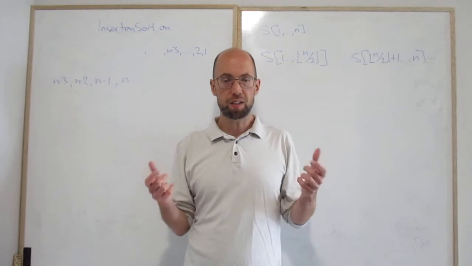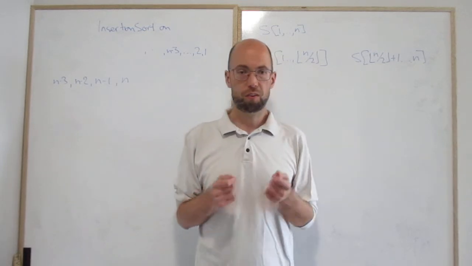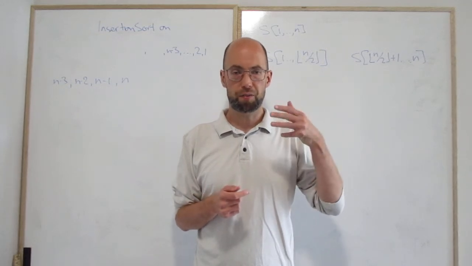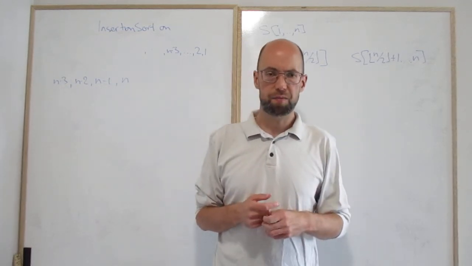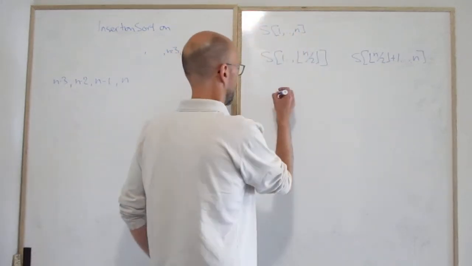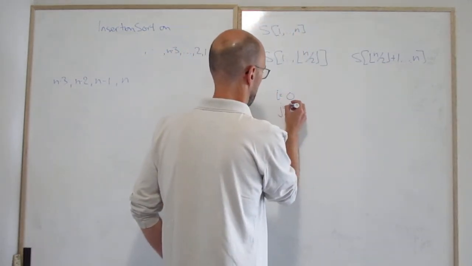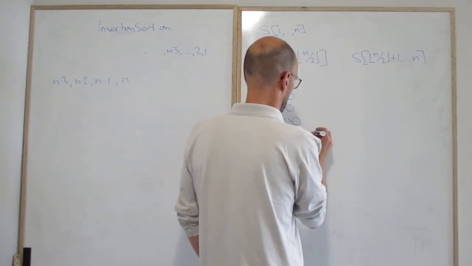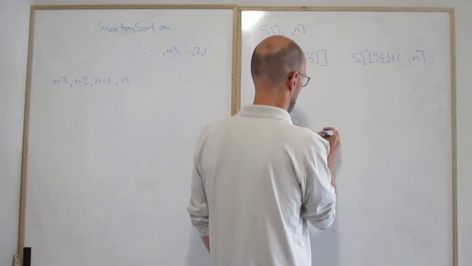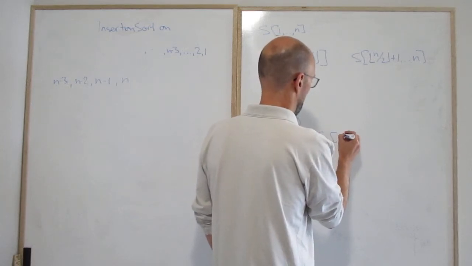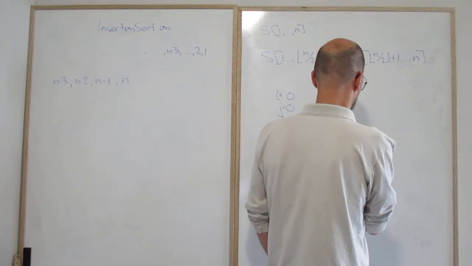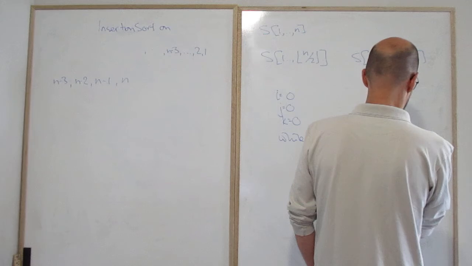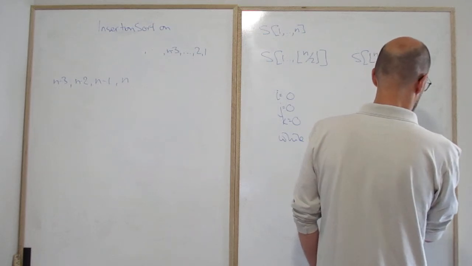Conceptually, you append infinity to the end of either one of them, and then you just have three pointers I, J, K. So I equals 0, J equals 0, K equals 0, and then while S1[I] is not equal to infinity, or S2[J] is not equal to infinity.